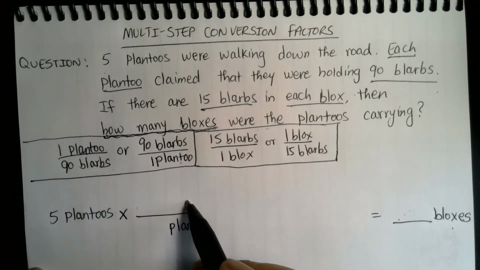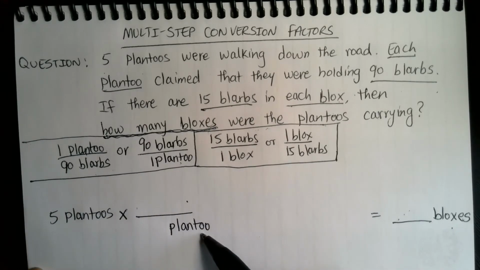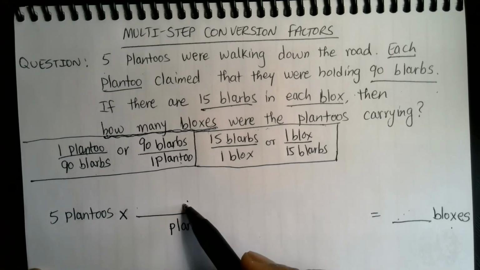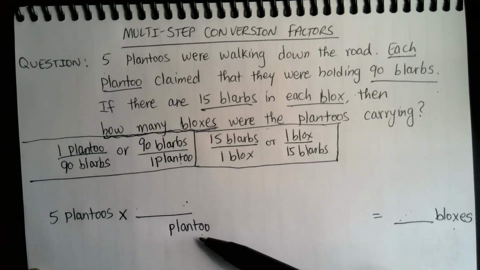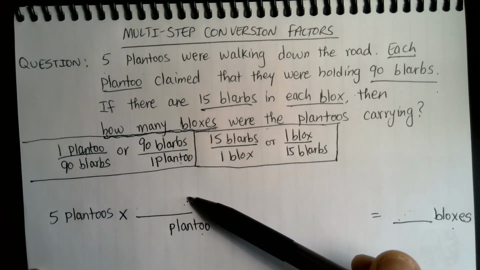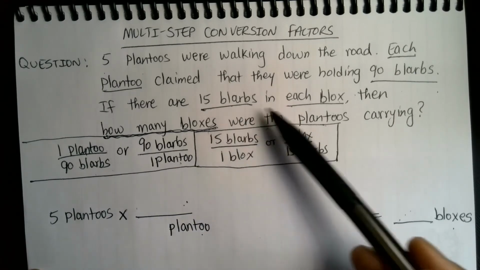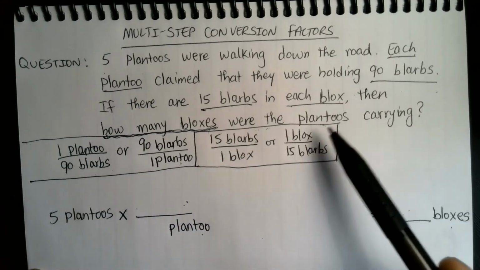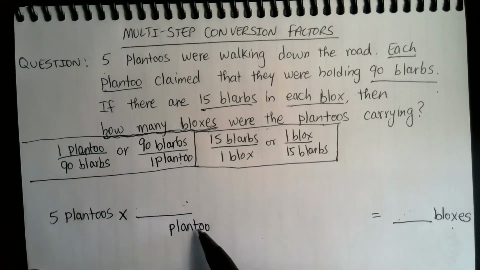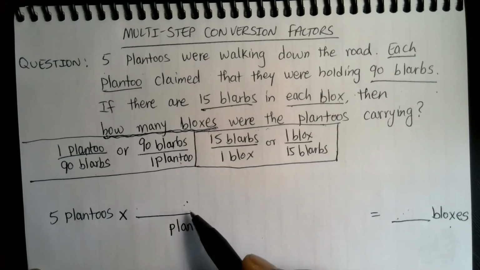Instead, I want blocks. So I write Plantu here, and now if I write blocks here, do I have anything here that can help me go directly from Plantu to blocks? So I guess when you have multiple factors like this, it may help to write them down like this if you have several of them, so that you can know for sure that you don't have a direct relationship.